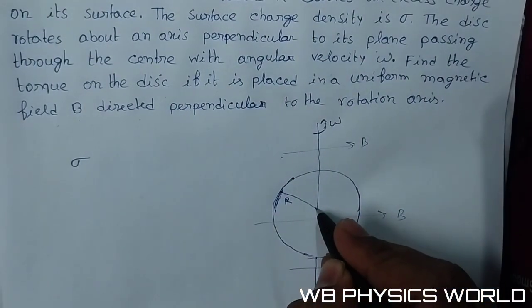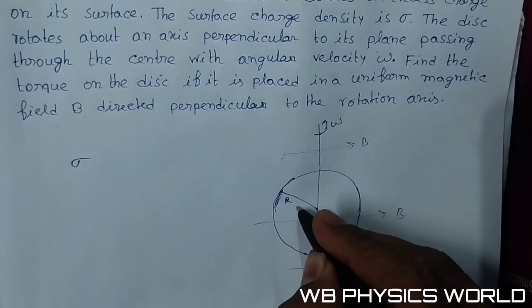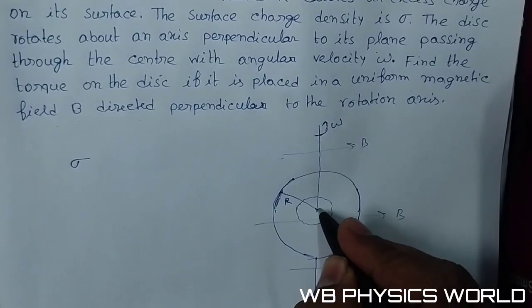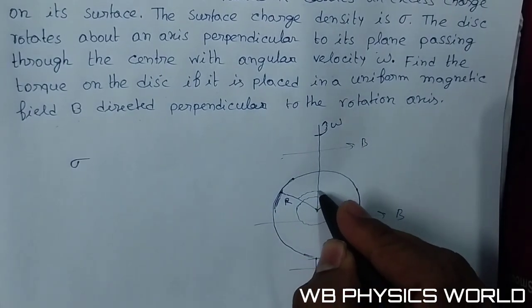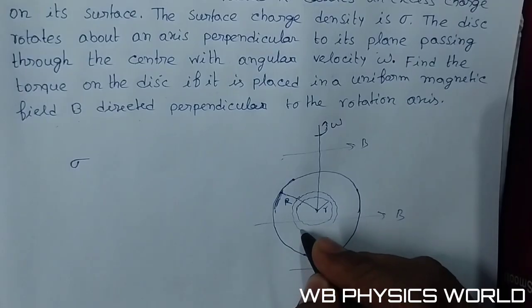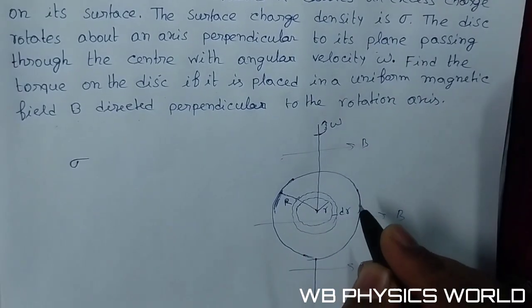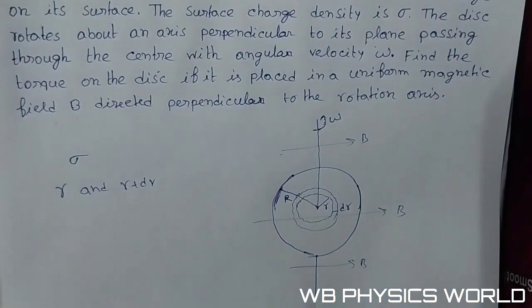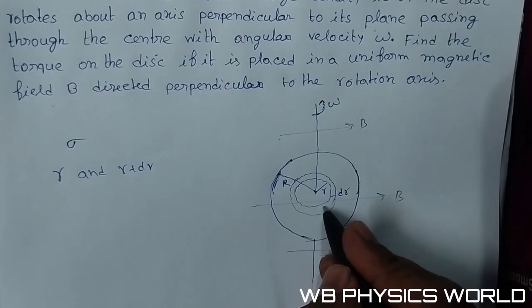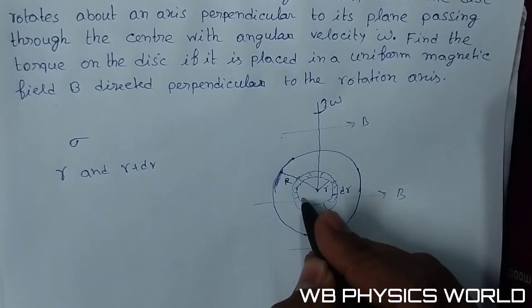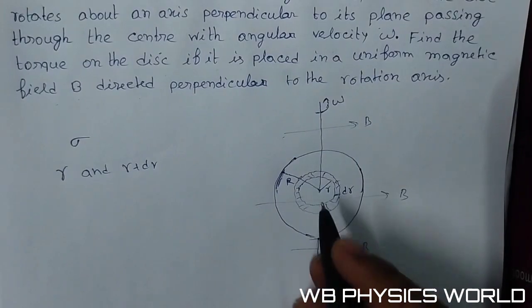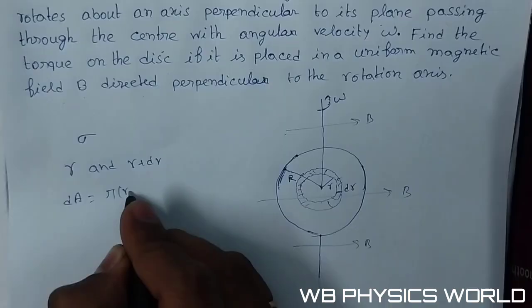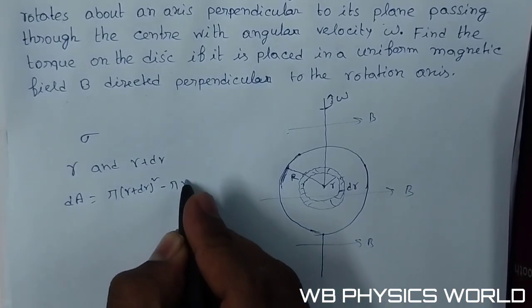Now we consider an annular ring of radius r and r plus dr. The area of this ring between r and r plus dr, that is dA, is pi times (r plus dr) whole square minus pi r square.